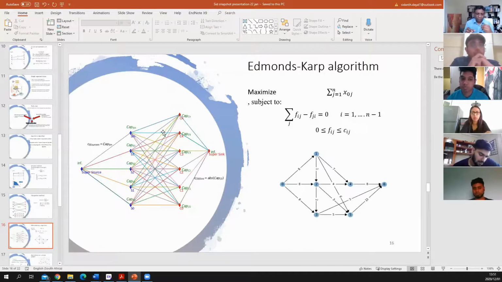So if you like, there's a two-dimensional graph here. If you can imagine, on the surface of the page, there's the matching among companies, but then in the plane going into the page, you've also got this network, this road network.